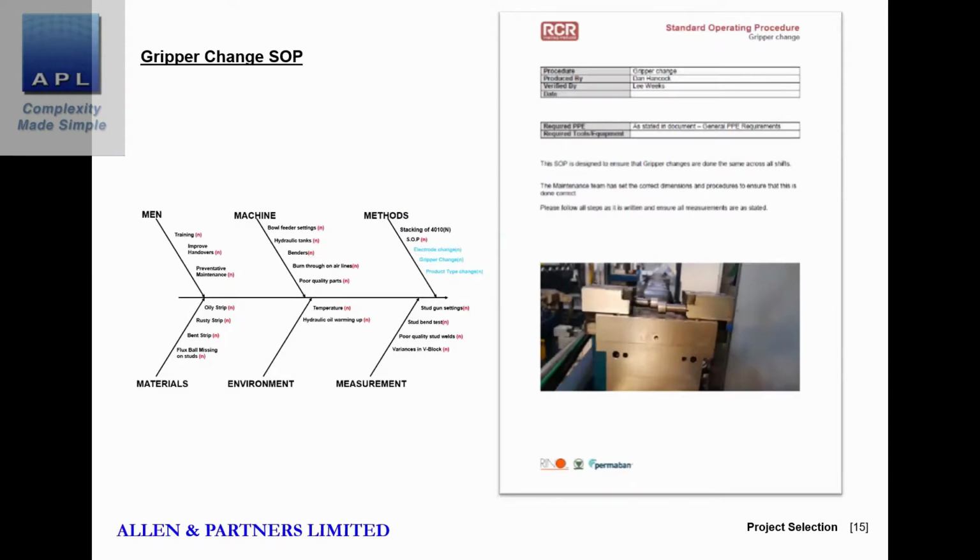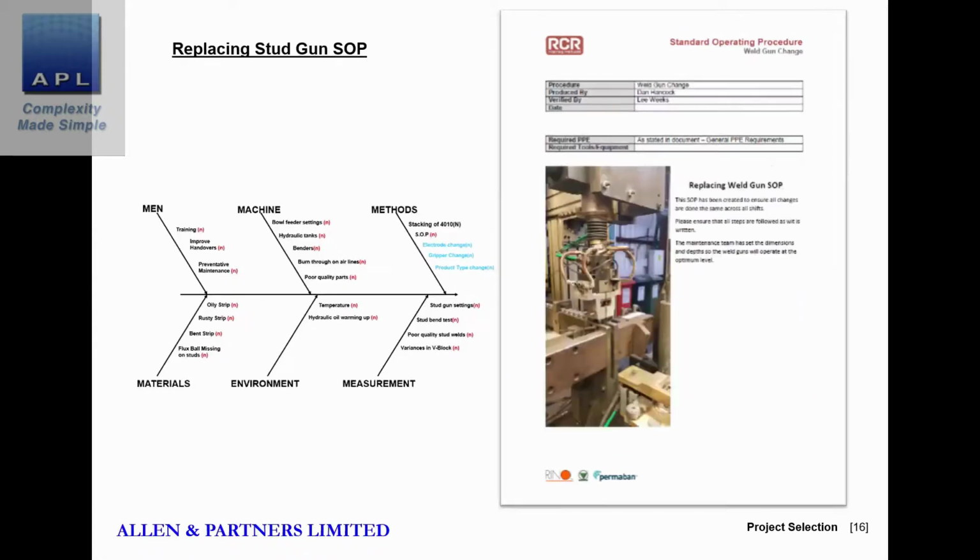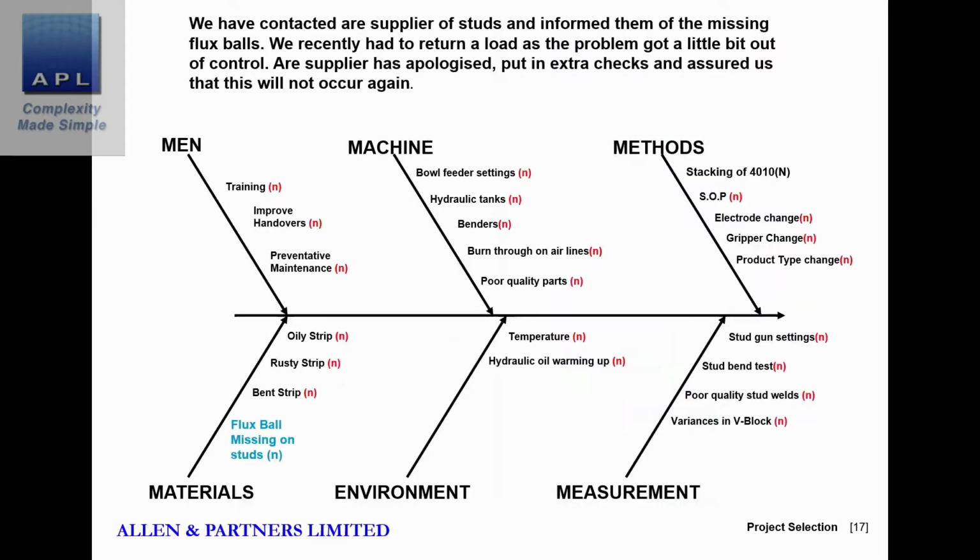This is a standard operating procedure for the gripper changeover. So they're coming up with standard ways of doing simple maintenance, setting up of the machine, etc. Replacing of the stud gun is another one. Okay, so again, standard operating procedure, standard way of doing this. Identify the variable, control the variable, and see what happens to the process.